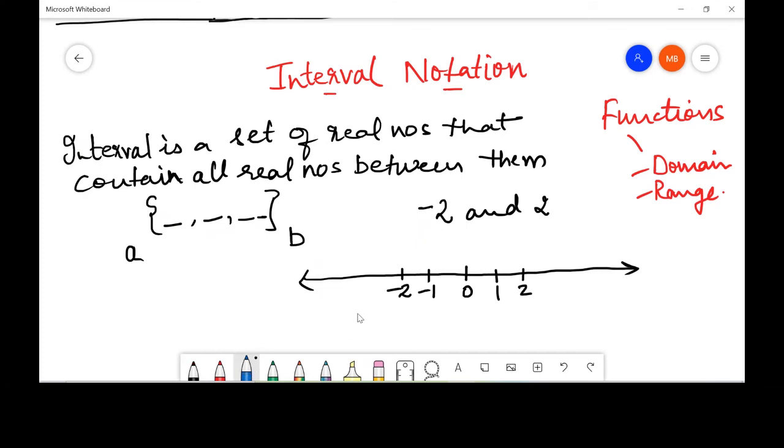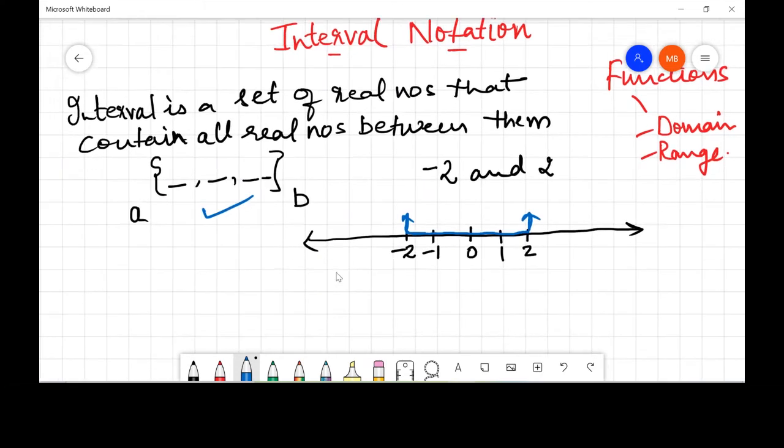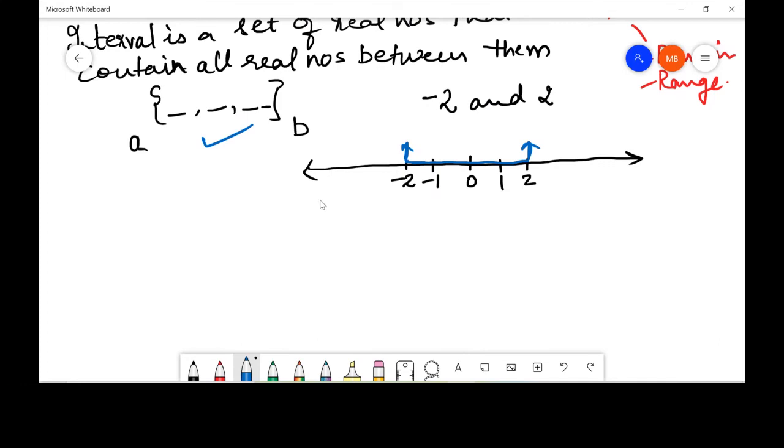Obviously we can mark this region lying between -2 and +2. All these numbers lying between -2 and +2 will be a part of our interval. But there are certain rules associated with interval notation. We need to discuss those rules first.